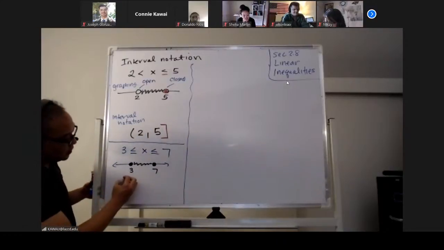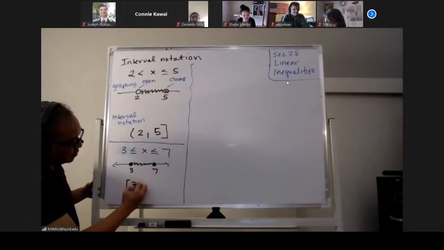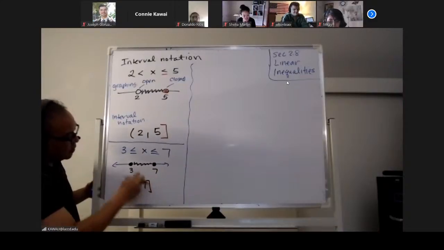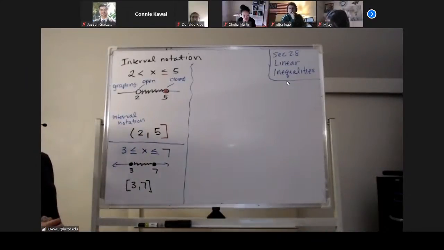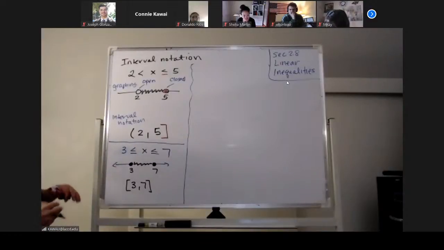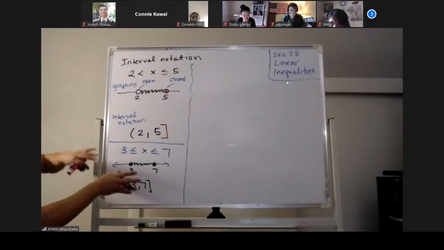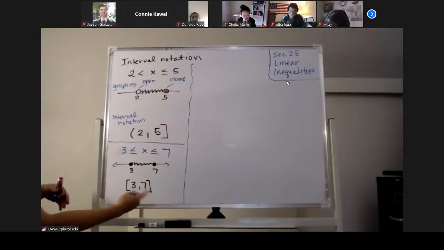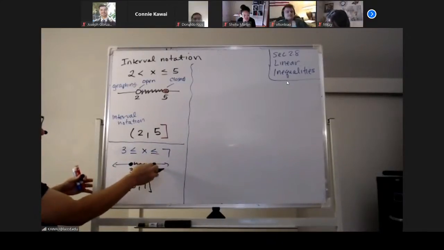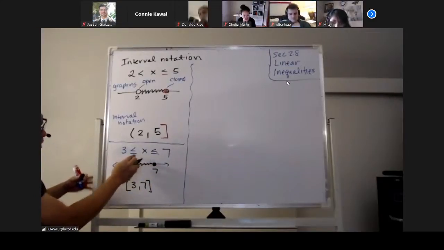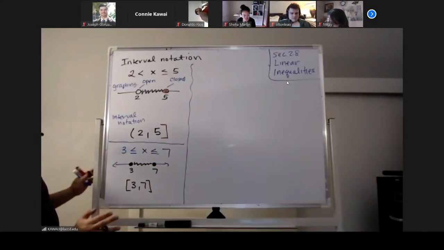Then over here, because both of them have an equal. Now, usually people are good with this. They go like, oh, okay, I got it. In between 3 and 7, yes. And if there's an equal, I shade it in. And if there's no equal, I don't shade it in. And the answer is yes.